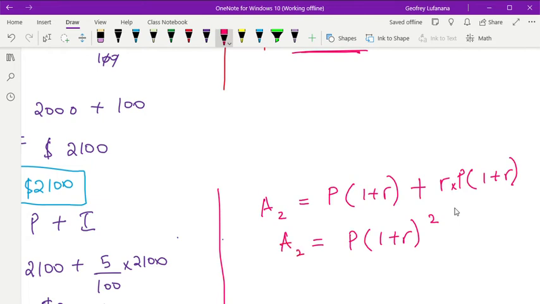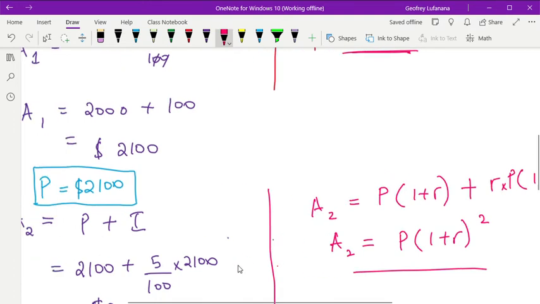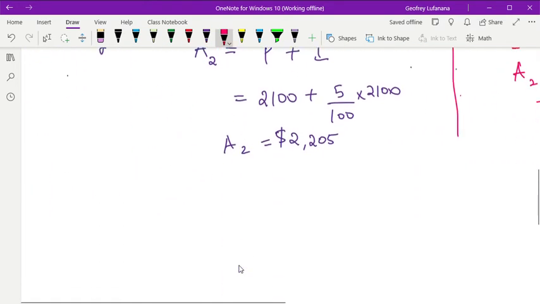At the end of the second year, this would be the amount. Okay, lastly, let's look at the third year.